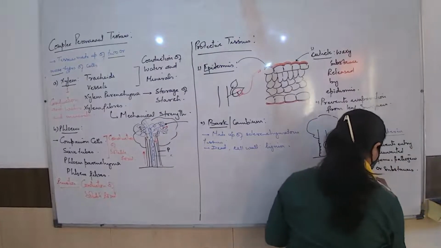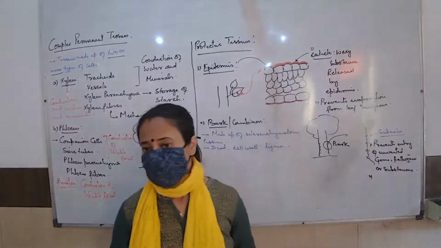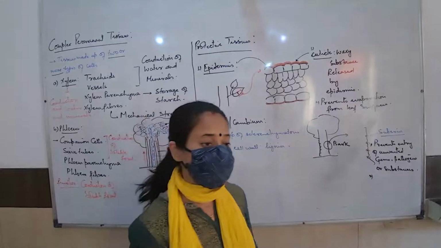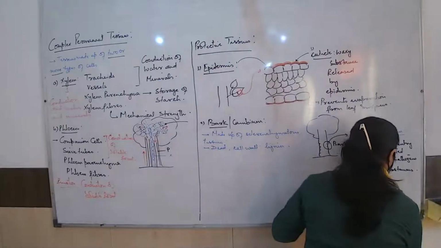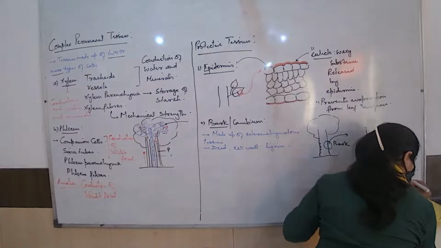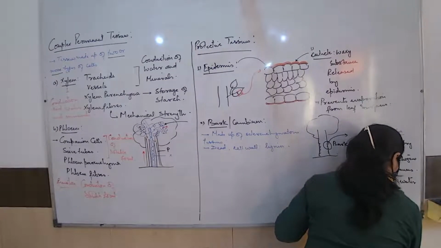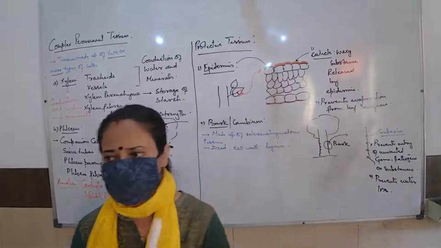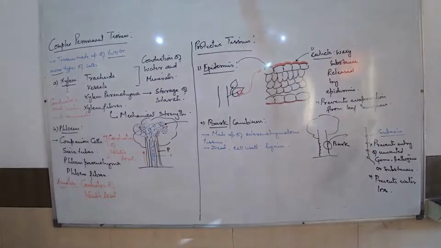You remember the second function of suberin? The second function of the bark or suberin is that it prevents water loss by evaporation. So what are the two major functions of the bark that you write?